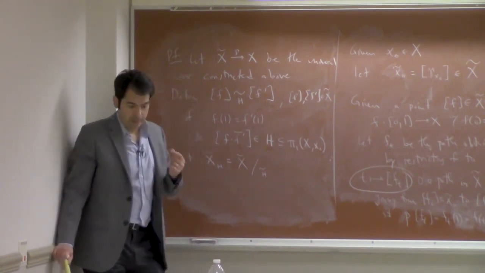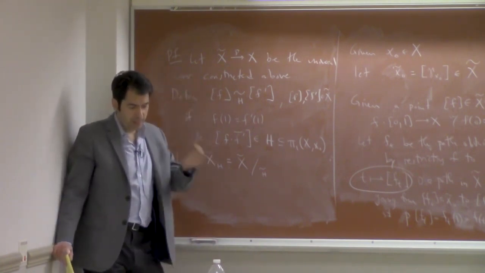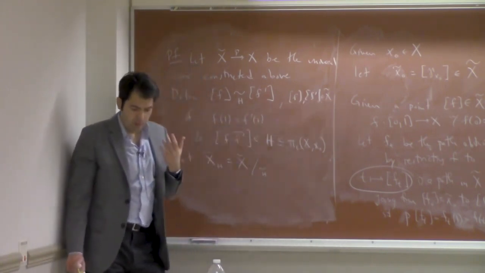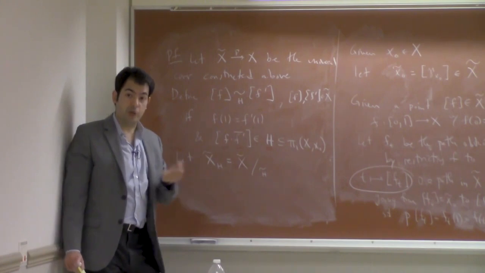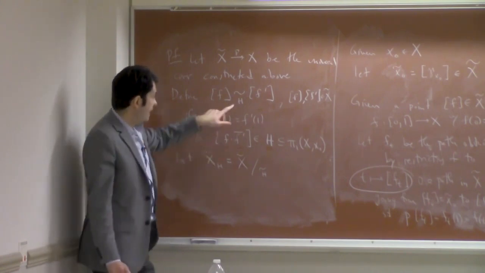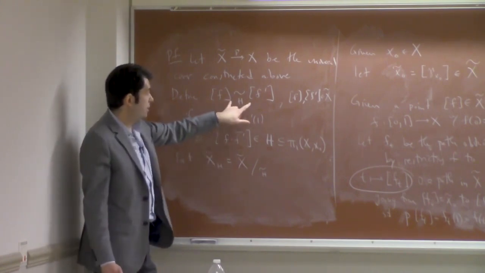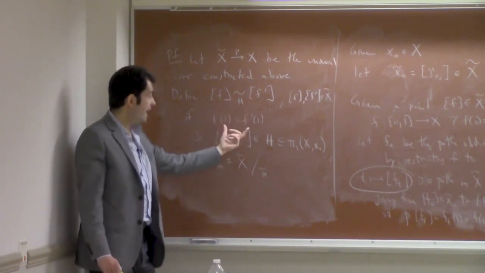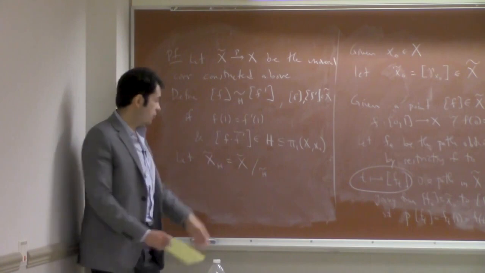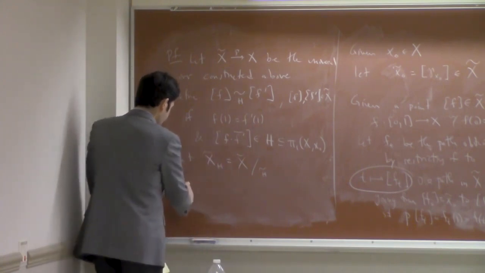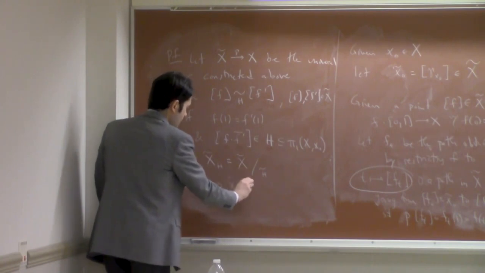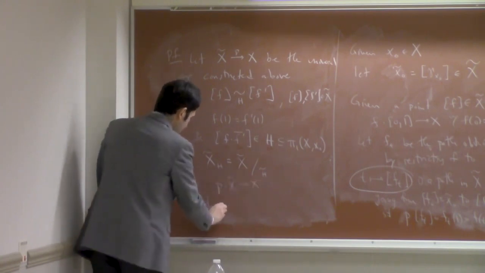Notice that the map P that we defined on the universal cover, remember that just takes the right endpoint of a curve. And any two equivalence classes that we're identifying with this relation have the same right endpoint. So the map P descends.